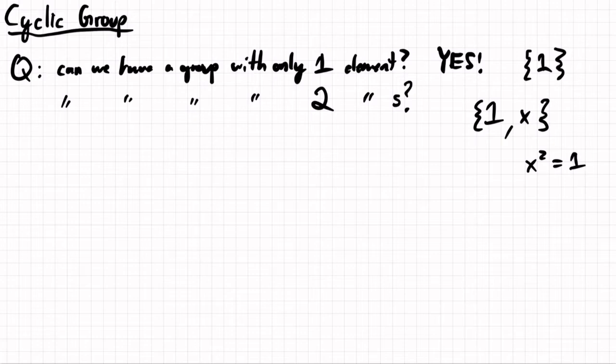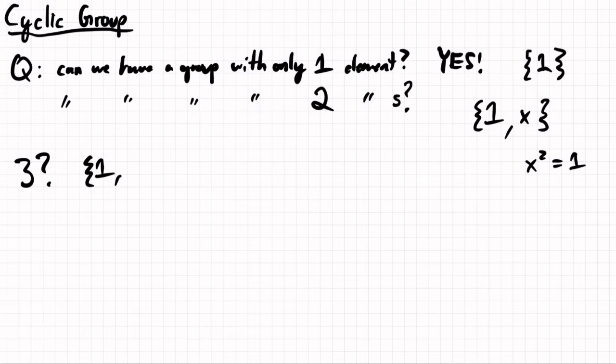Now we can ask about 3 elements. I'm not going to put more ditto marks on the question here, but it's actually not too hard. Well, what can we do? We start with 1, and then now we need 2 elements.